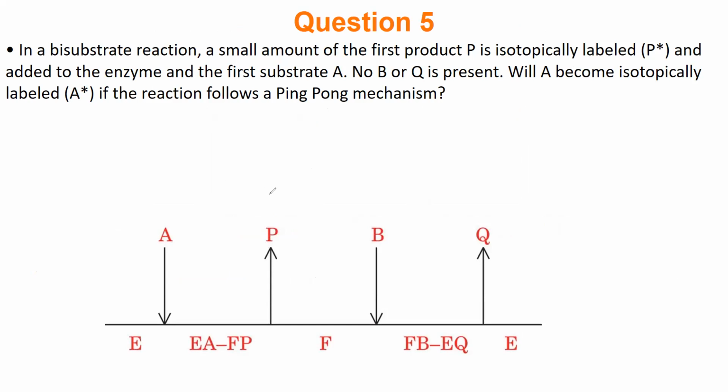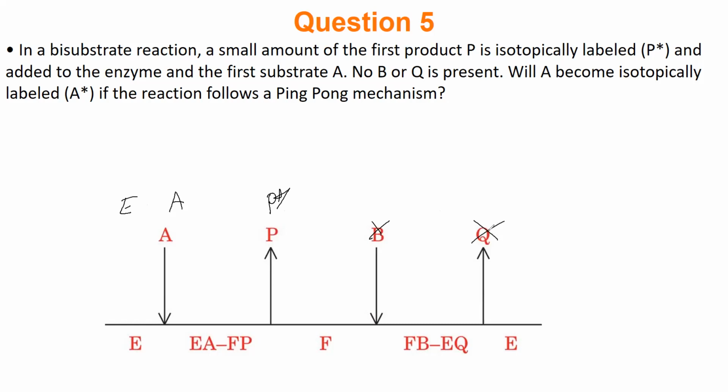So I have radioactive P. And I also add A. And I have E as well. I do not have B. And I do not have Q.